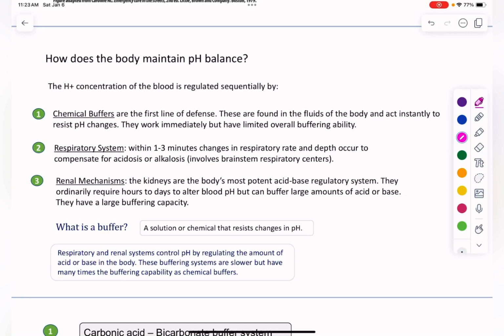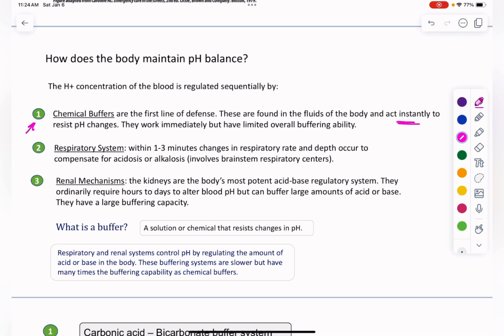So how does the body maintain pH balance? Well, there are three sequential ways that the body uses to maintain pH balance. The first are chemical buffers. These are the first line of defense. They're found in the fluids of the body, and they act instantly to resist changes in pH.